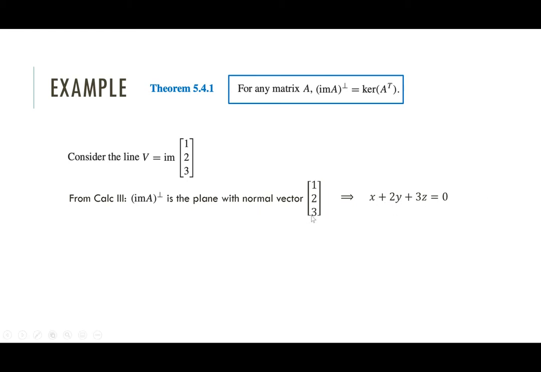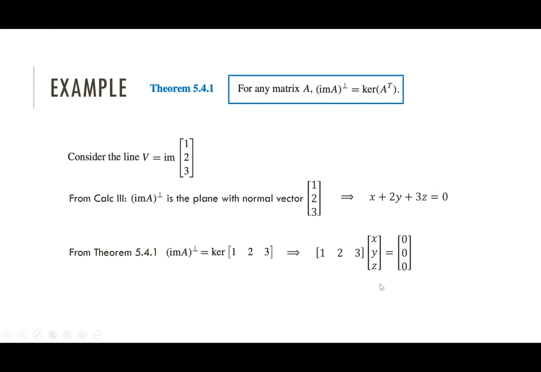Now let's use our knowledge from linear algebra. From theorem 5.1, the orthogonal complement of the image is going to be the kernel of A transpose, which is the 1 by 3 matrix 1, 2, 3. What's the kernel of this?